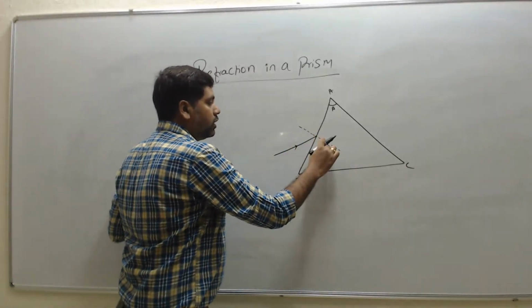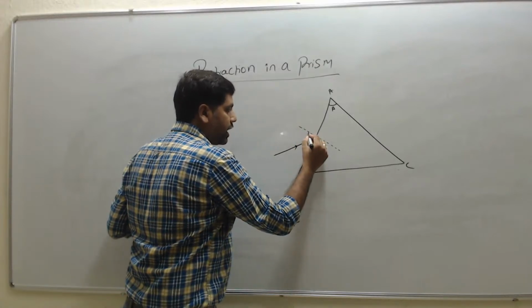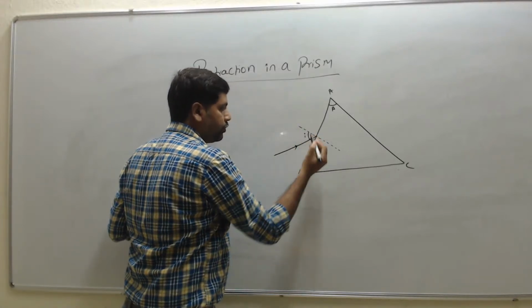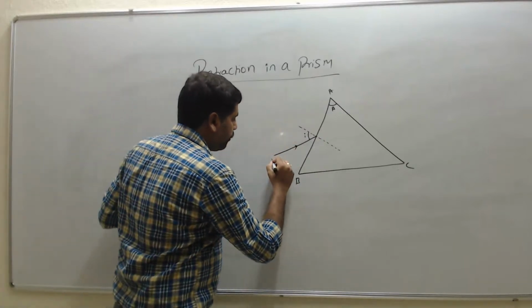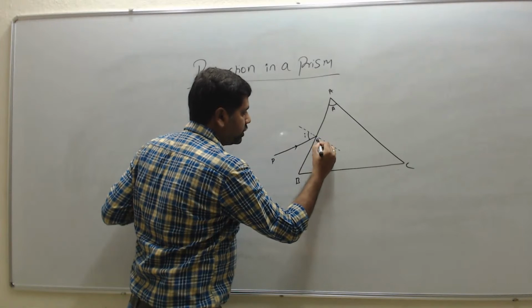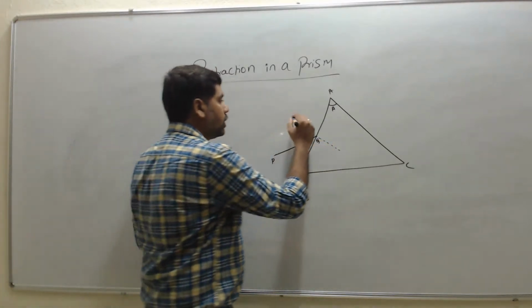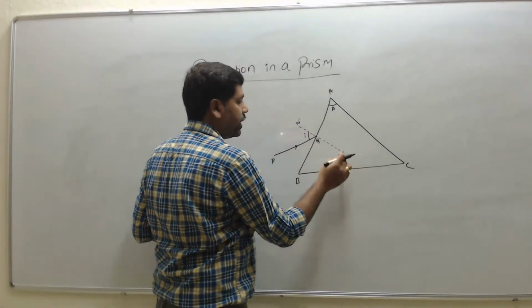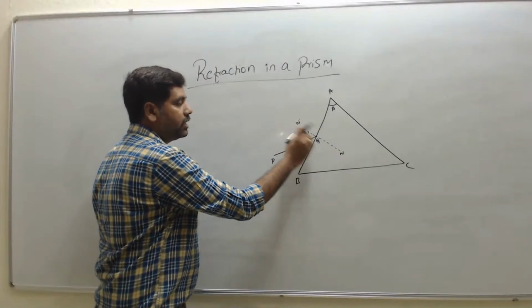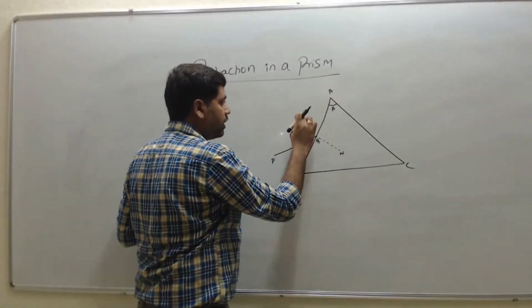The angle between the incident ray and the normal will be taken as the angle of incidence. This one is P and here it is Q. PQ is the incident ray and N1N is the normal to the face AB.